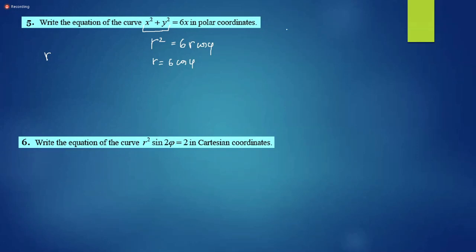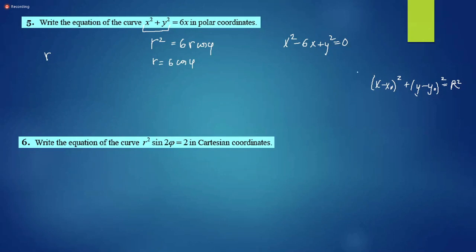So let me remind you a little bit how to get the circle. x squared minus 6x plus y squared is 0. Remember that for the circle, and we already have established that last time we did it, x minus x of center squared plus y minus y of center squared equals radius squared for the circle, or we could say capital R for the circle, to distinguish from this r.